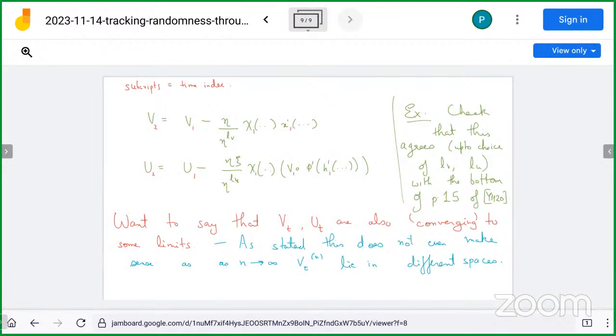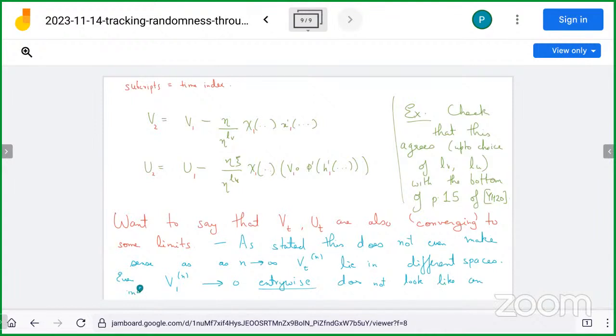So this is not meaningful. Even something like V1 converging to 0 does not sound so interesting. V1 is even 0 entry-wise. It does not look like an interesting statement.